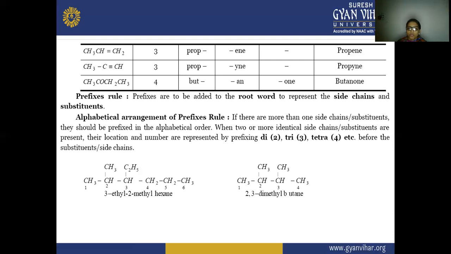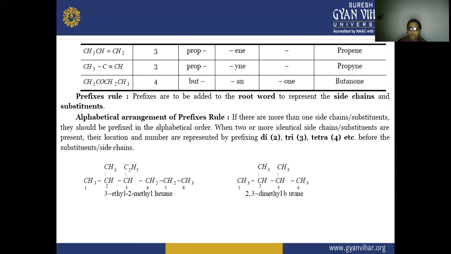When 2 or more identical side chains or substituents are present, their location and numbers are represented by prefixing di, tri, etc. before the side chain. So if more than one side chain or substituent is attached, they are prefixed in alphabetical order.